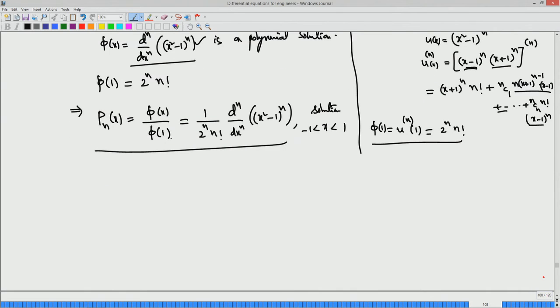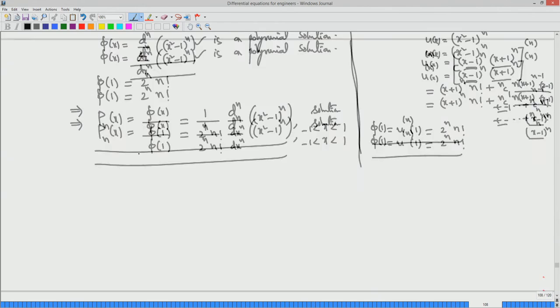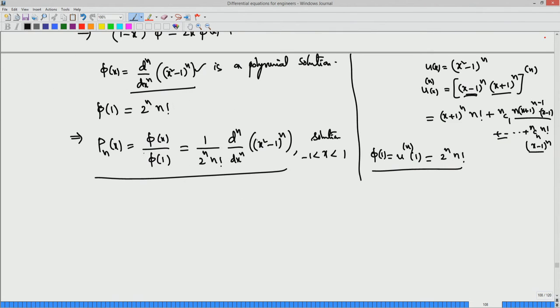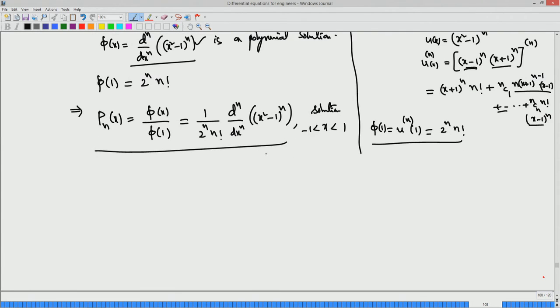So from this formula you can calculate your P0, P1 and so on. You can easily calculate: take (x^2 - 1)^n, fix your n, and differentiate n times. Now what you get is this. P0 of x is 1, P1 of x is x.